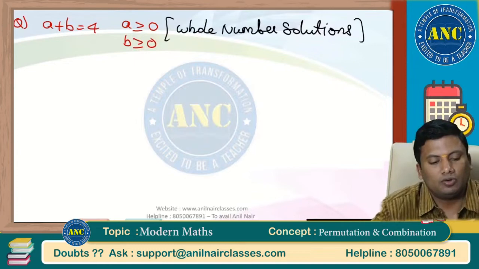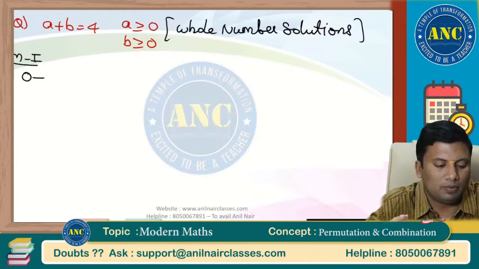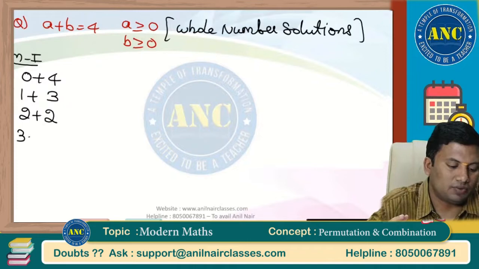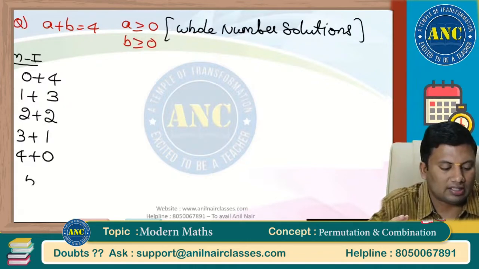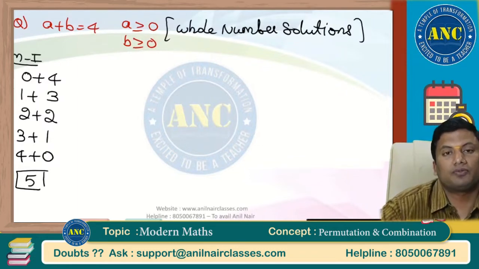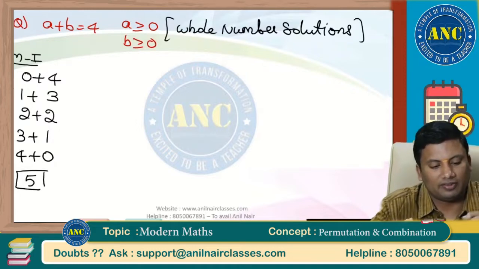Method 1, counting. 0 plus 4, 1 plus 3, 2 plus 2, 3 plus 1, 4 plus 0, each is 4. So total answers are 5 solutions.